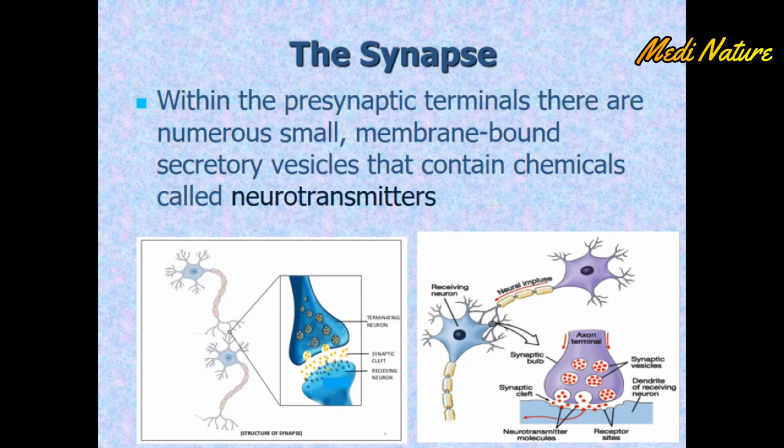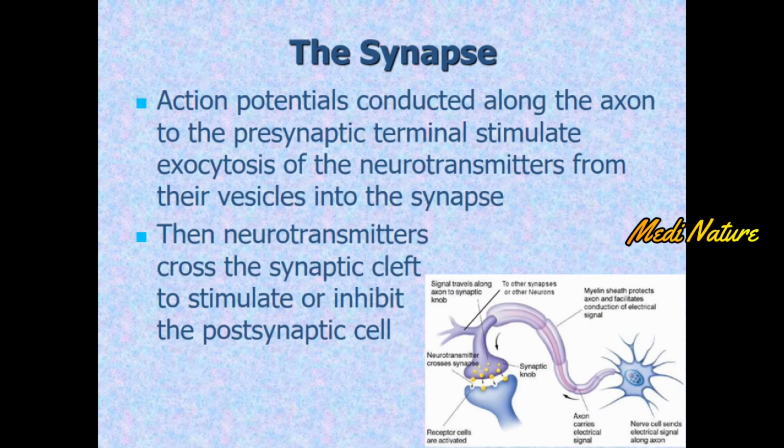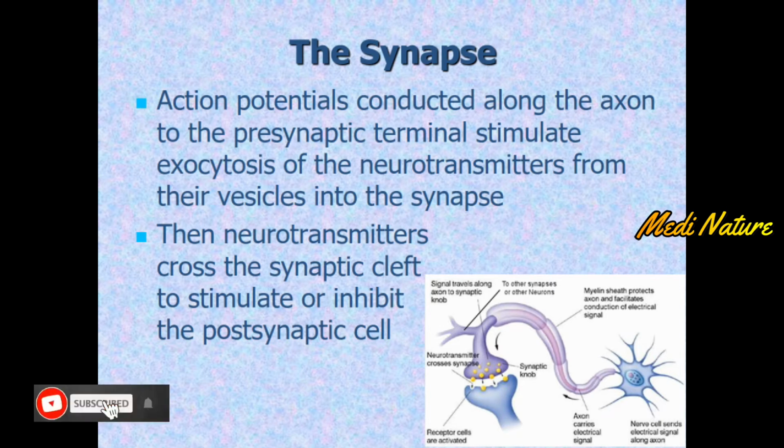Within the presynaptic terminals, there are small, numerous membrane-bounded secretory vesicles which contain chemicals called neurotransmitters. The action potentials or the nerve impulses which are conducted along the axon finally reach the presynaptic terminals and then stimulate the exocytosis of these neurotransmitters from their vesicles into the synapse.